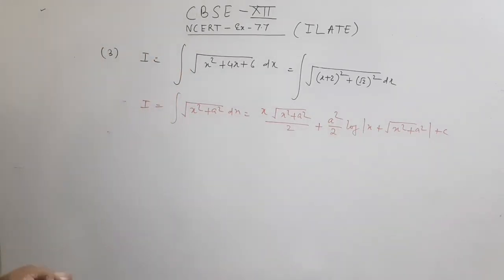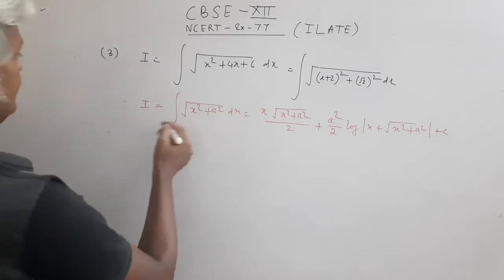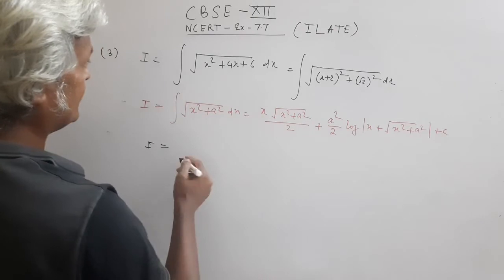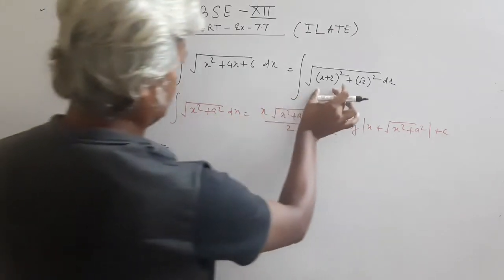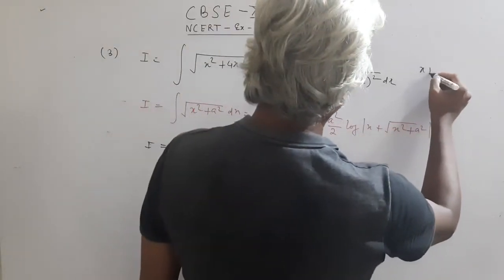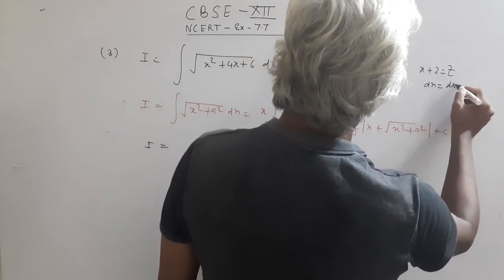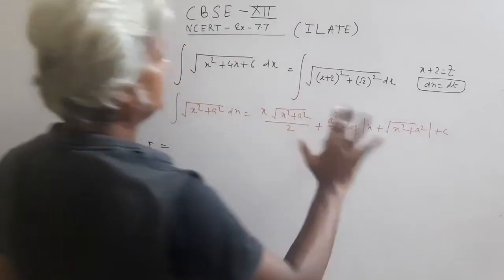Now you can use this formula directly, and then you can write your answer as I as x. At the place of x you write this whole thing. Why? Because even if you take x plus 2 as t, you will get dx is dt. There is no change in the coefficient, it means everything will remain the same.